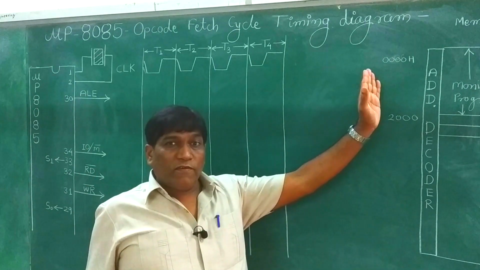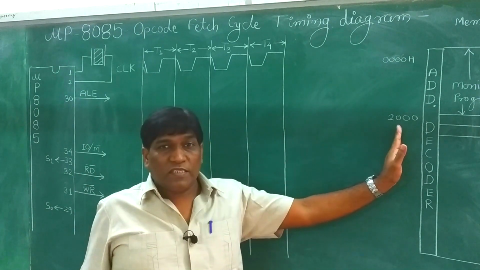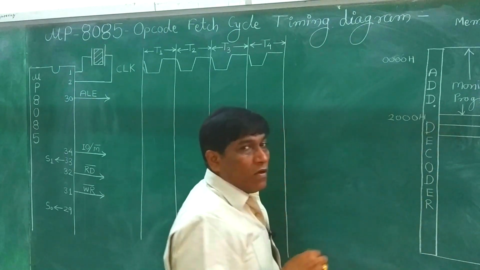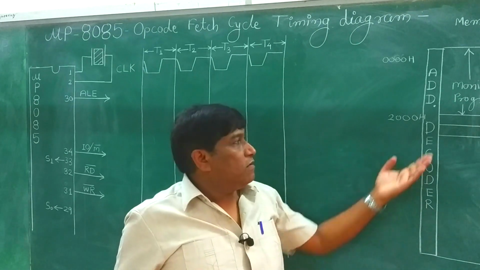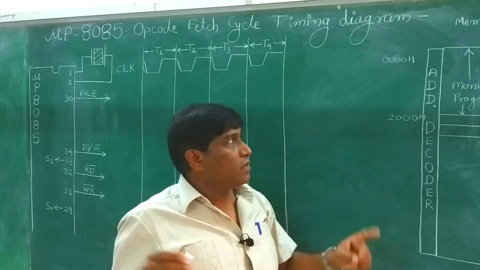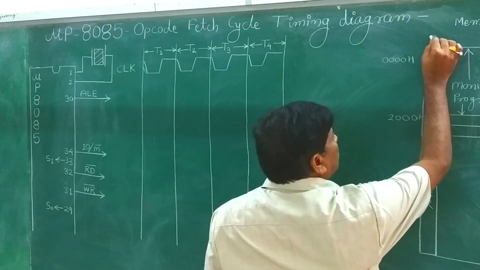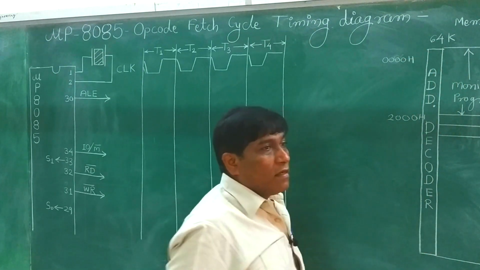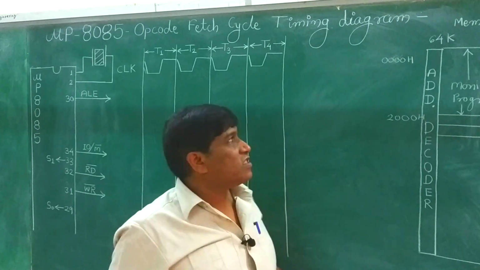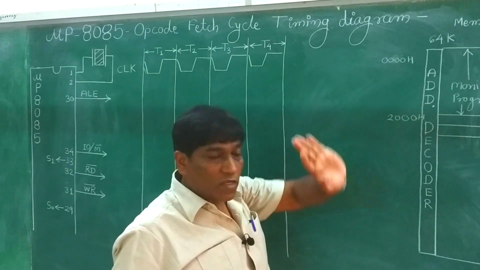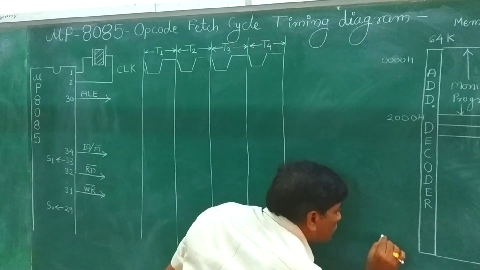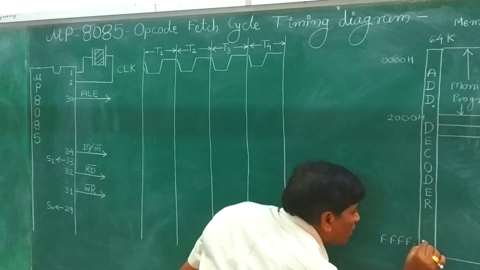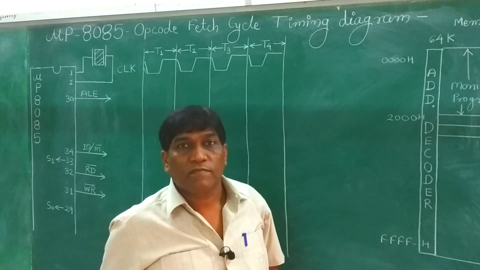Now, as we have clarified, from 00 to 2000H we are having the monitor program. After that, we have a total of 64K memory in the microprocessor 8085, ranging from 0000H to FFFFH.